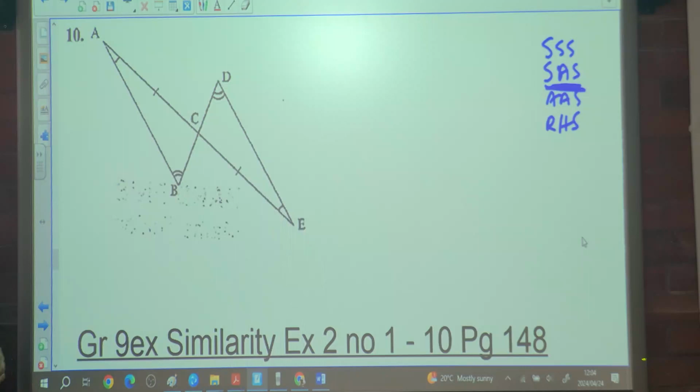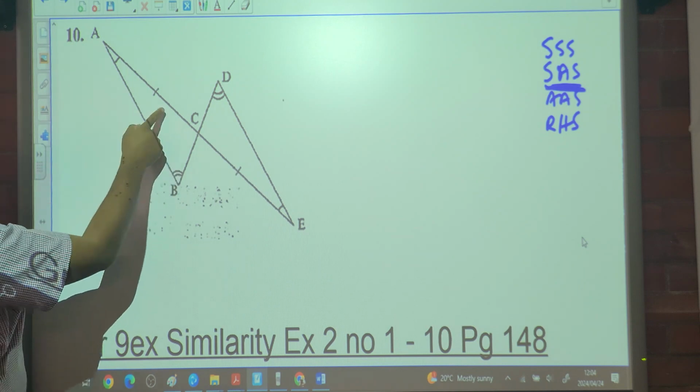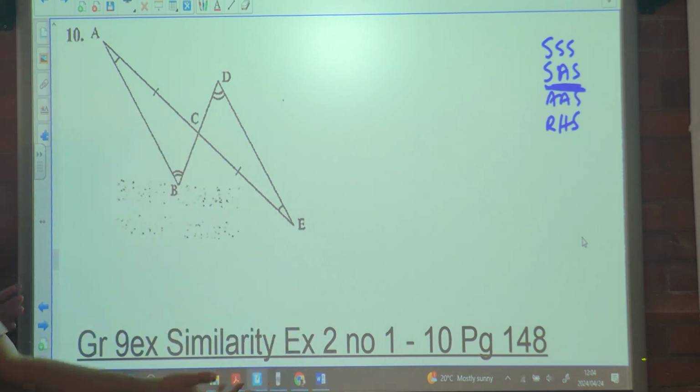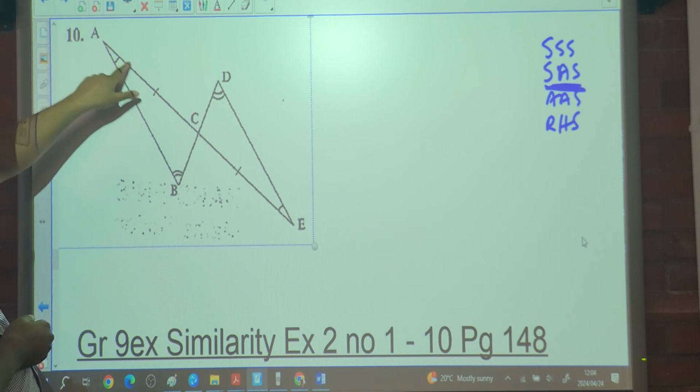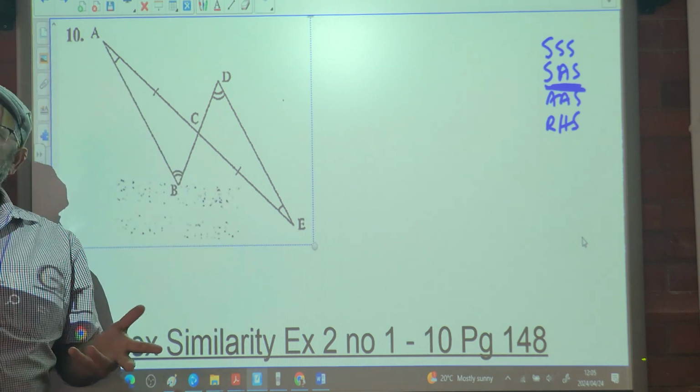So we need one side. Do we have a side? AC is equal to CE. I think this was the easiest of the lot. Yes? Sorry? AC is common. What does common mean?